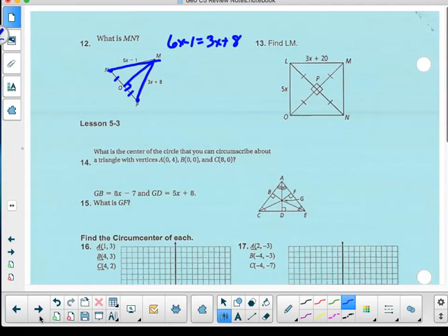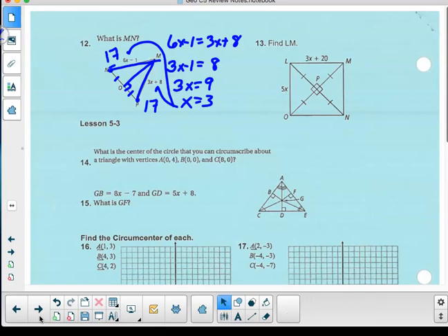Now after I set this up, I'm in algebra land. Okay, so x is 3. So it's 9 plus 8, which is 17. I'm checking both. 6 times 3 is 18 minus 1 is 17 again. So I've checked them.